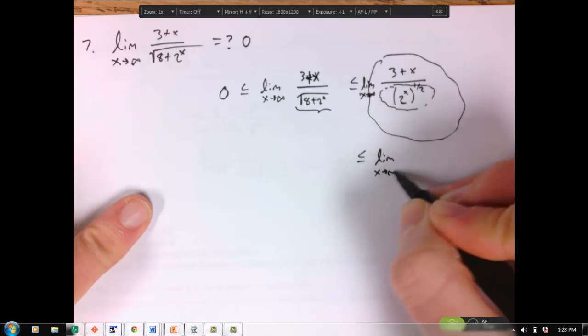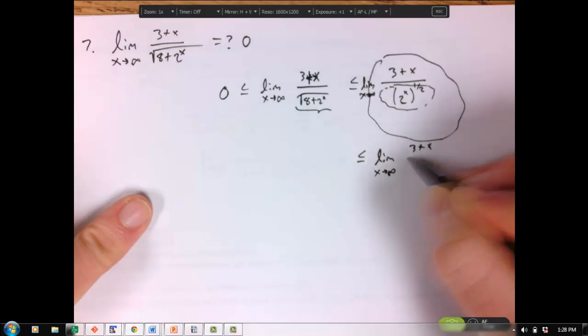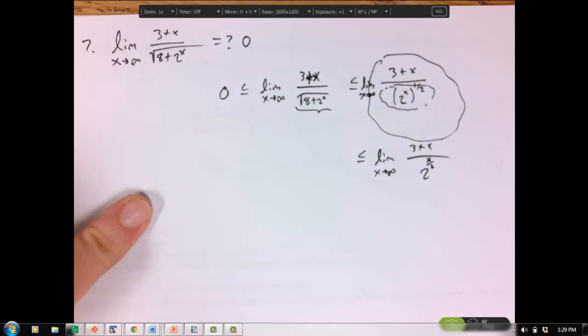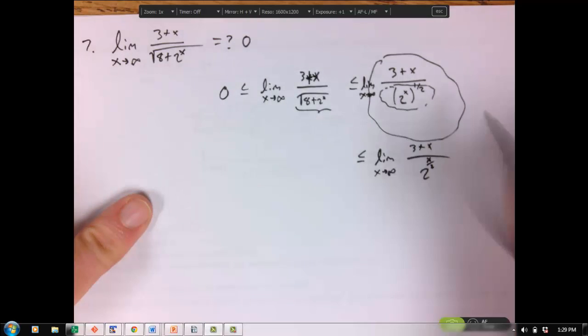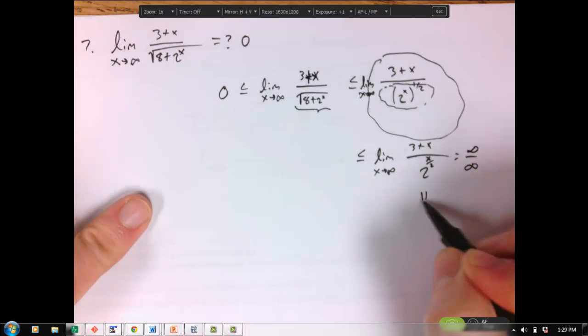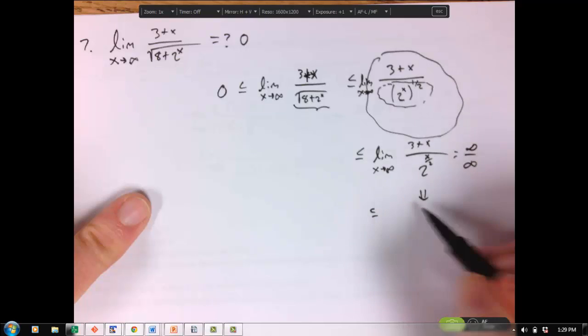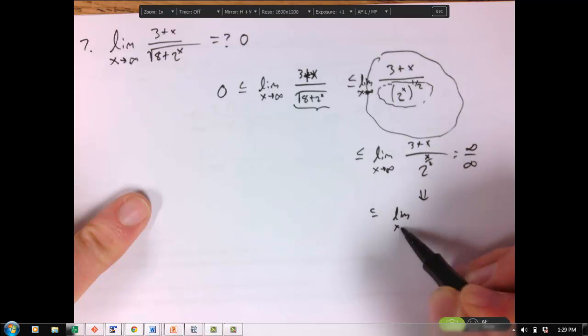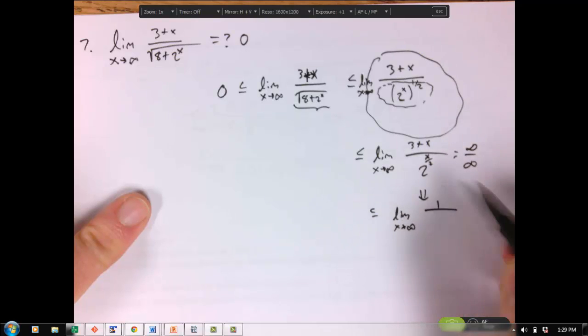I've got limit x approaches infinity, 3 plus x over 2 to the x divided by 2. This is, again, infinity over infinity, so I can apply L'Hopital's rule. Doing so gives me in the numerator 1. In the denominator, I've got natural log 2 times 2 to the x divided by 2 times the derivative of the inside, which is 1/2.